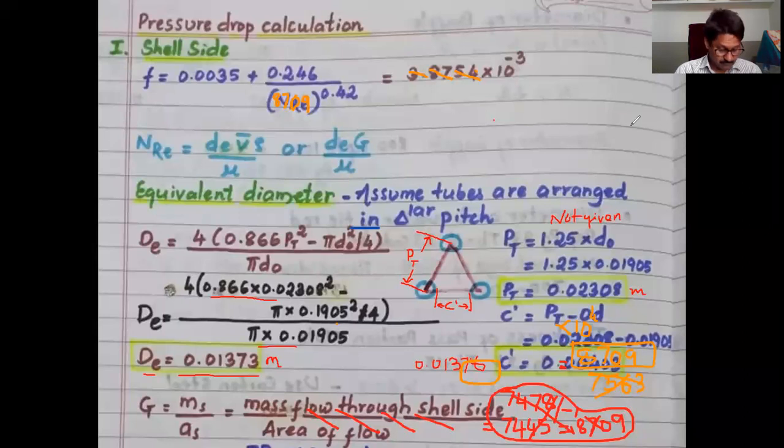8.9466. One minute. Plus. Tell me, 8.9466 into 10 to the power minus. Okay. So any other answer other than this?